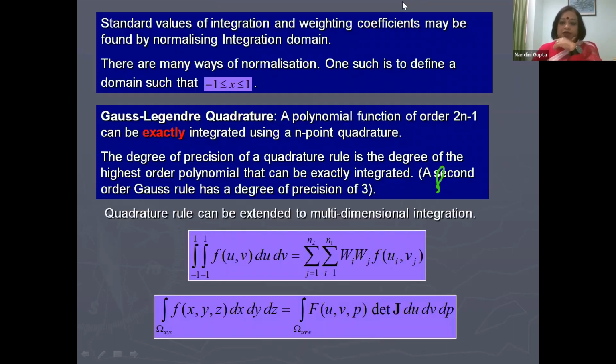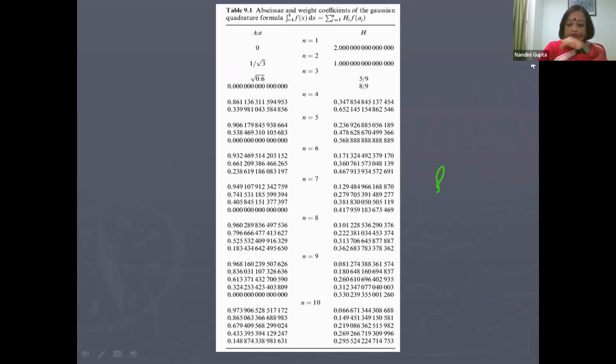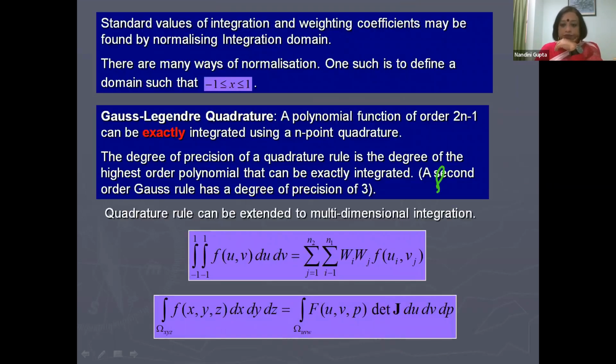So now I come back to this. If you have a multivariate integration, so far we have only been considering f(x) dx, or let's say f(u) du.